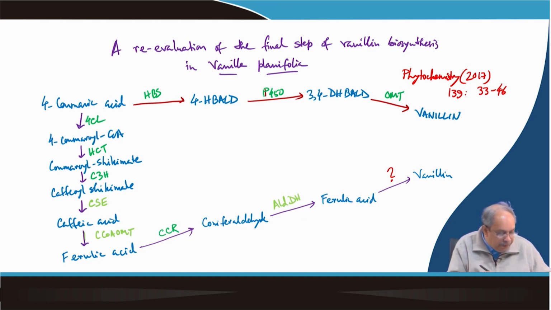So, the biosynthesis from ferulic acid to vanillic acid is basically through this route, and what they said is that ferulic acid may be formed, but this ferulic acid is most unlikely to convert into vanillin.